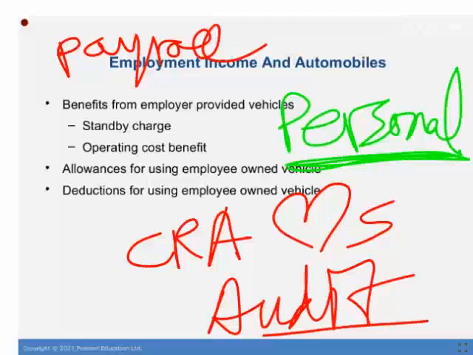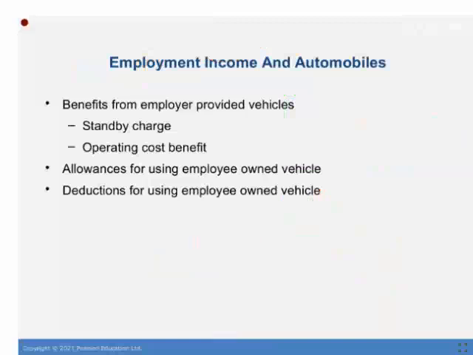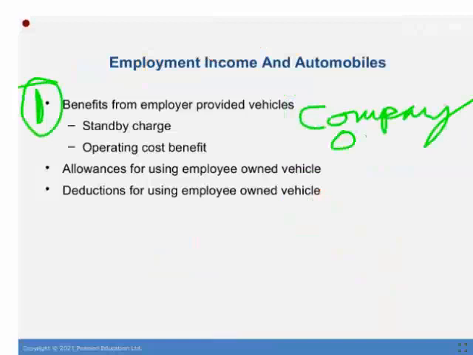Another thing with employment and automobiles, right off the top, let's clarify. We have more than one potential scenario. So scenario number one is that you have a company owned vehicle.